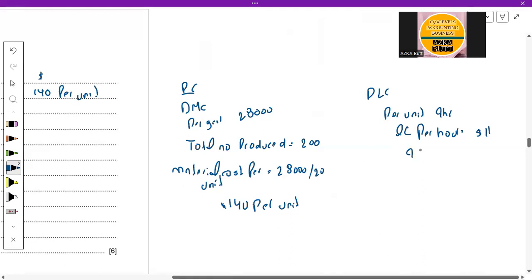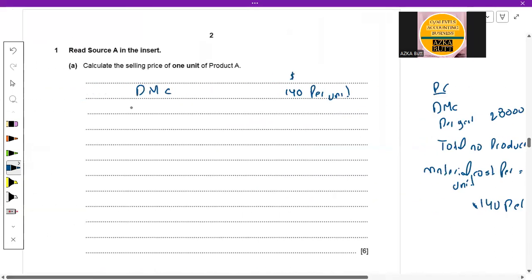So 9 multiplied by 11, so $99 per unit. Okay, and now we are going to calculate the overheads.